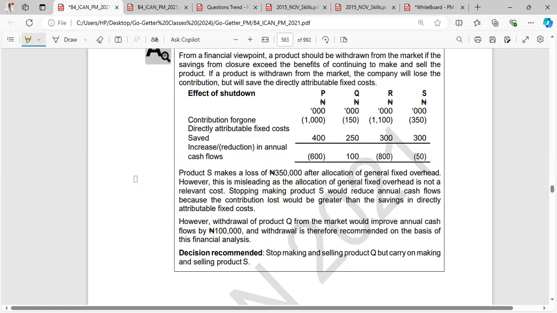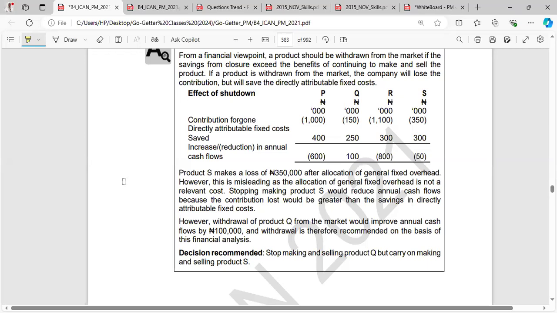So what should we do? Carry on making your S, but stop making product Y. So what are we saying here? If you have to shut down any product line, look at the contribution that you are going to forgo. Look at the cost that you are going to gain.